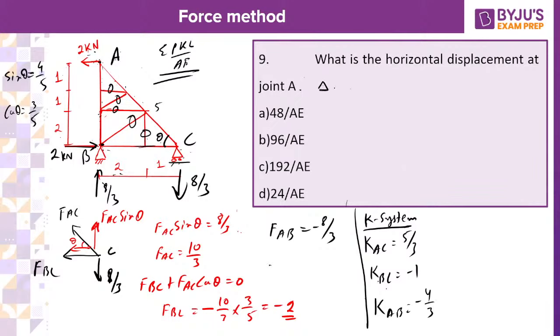So displacement at A will be PKL by AE. 1 by AE I'm just keeping aside, and PKL you do it for all the members. Like for AB, first of all, what is the length of AB? Length of AB is 4. What is the P for AB? P for AB is minus 8 by 3.